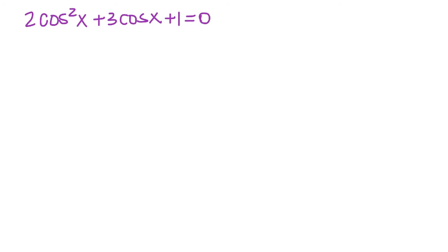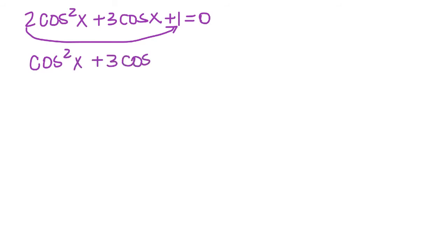So what's going to be the first thing we need to do with this? Good, a times c. We're going to multiply this 2 over, aren't we? Same idea. So we're going to have cosine squared x plus 3 cosine x plus 2 equals 0.